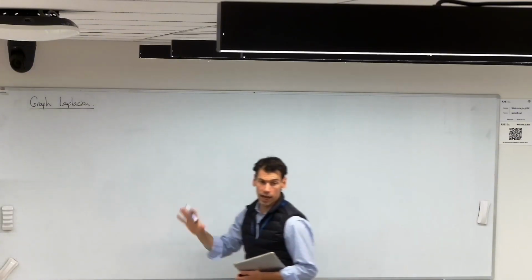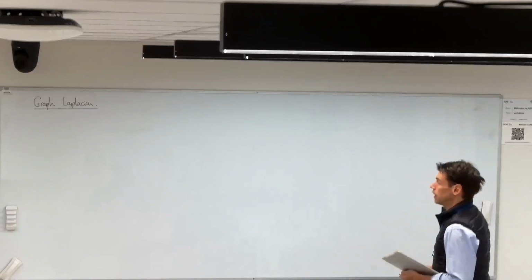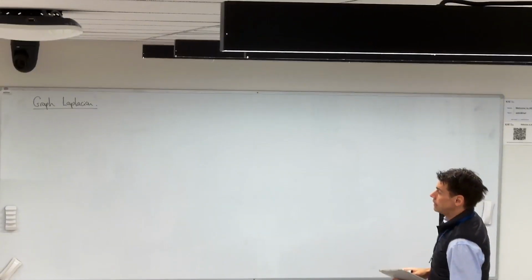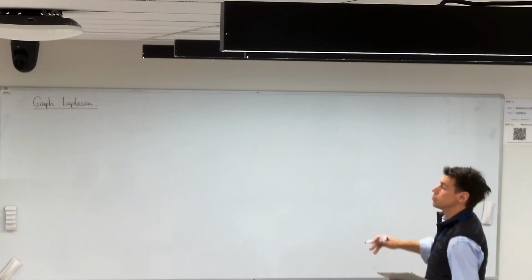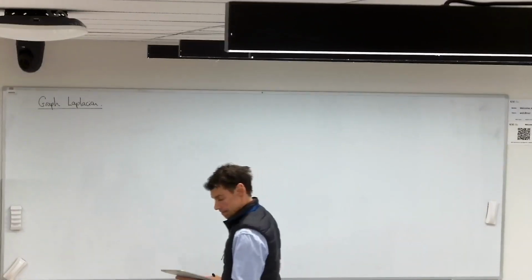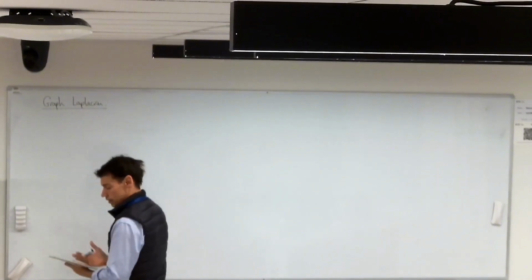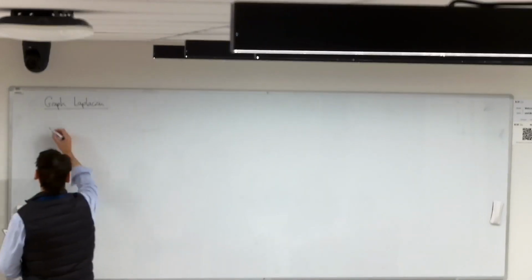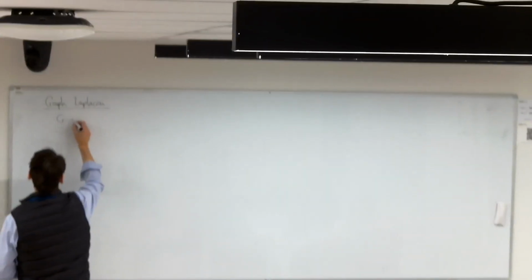Now I'm going to take a very elementary point of view, and at the end I'll explain there's a very, very short way to define the graph Laplacian, but I'm going to do it very explicitly first. So I don't want to assume any... so for this, let's take G connected.